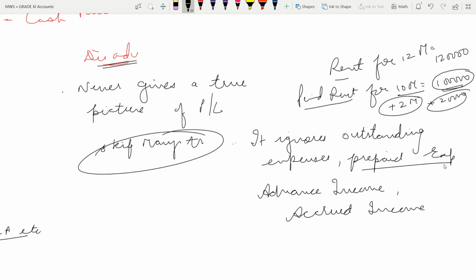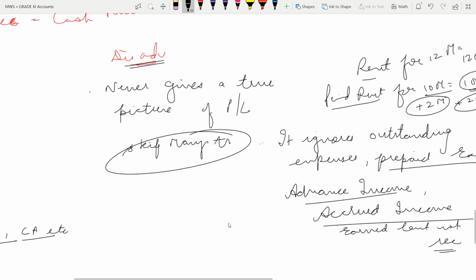Prepaid expenses are the expenses which we have paid for the next year, and advance income is the income which we have received in advance but we have not earned. We have not given the services but we have received the income in advance. Then accrued income is income which we have earned, but not received.